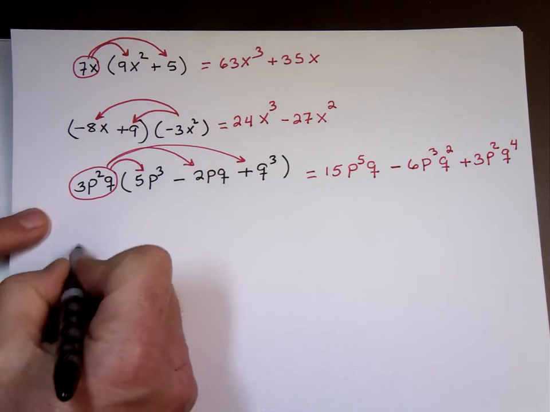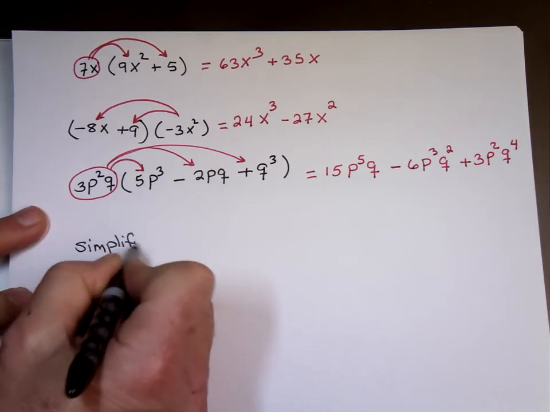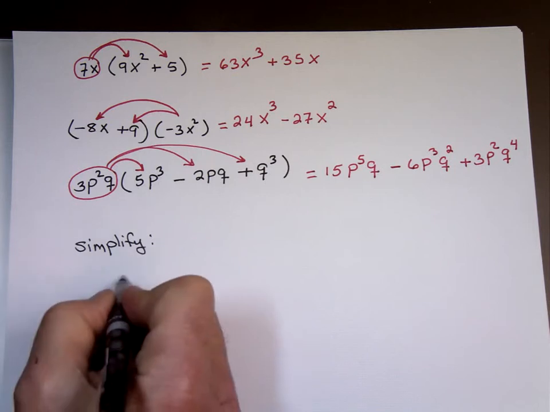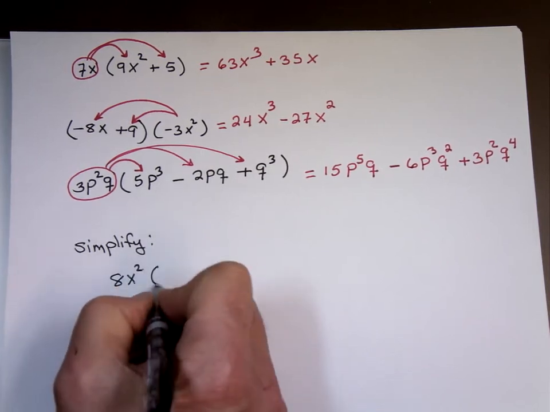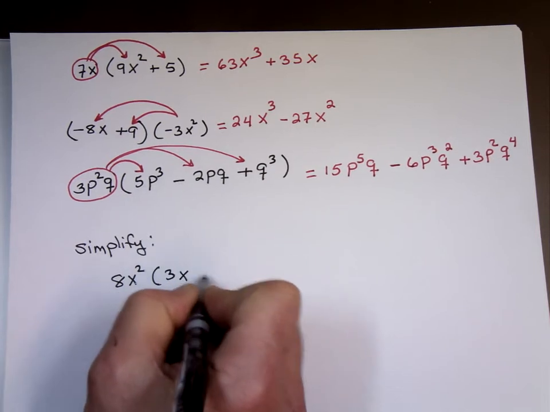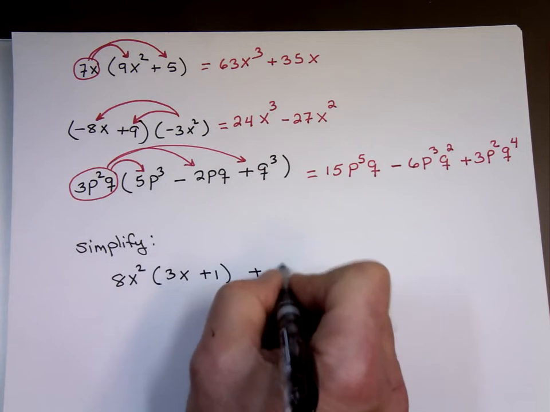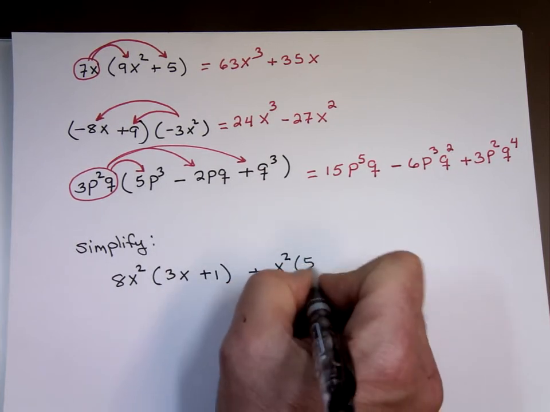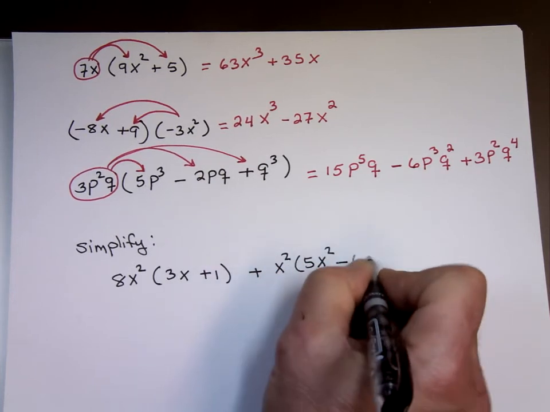Let's simplify this problem. Combine what we did in last class. 8x squared times 3x plus 1, plus x squared times 5x squared minus 6x plus 5.